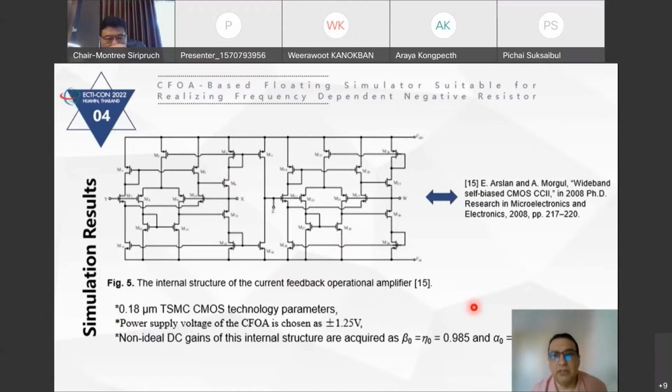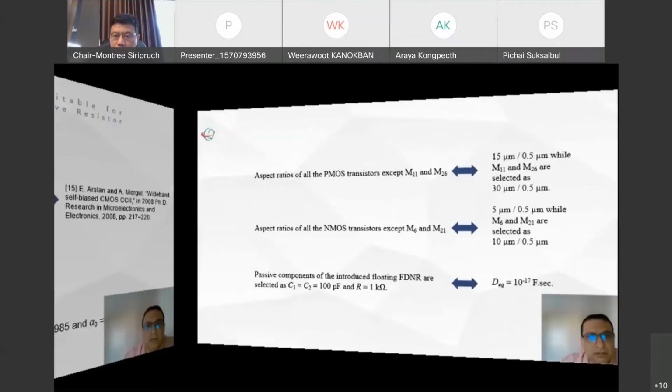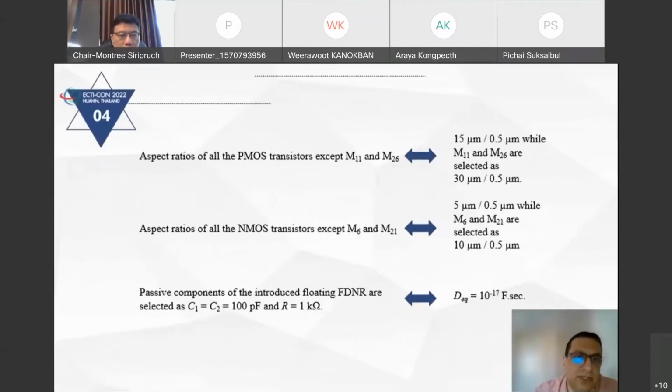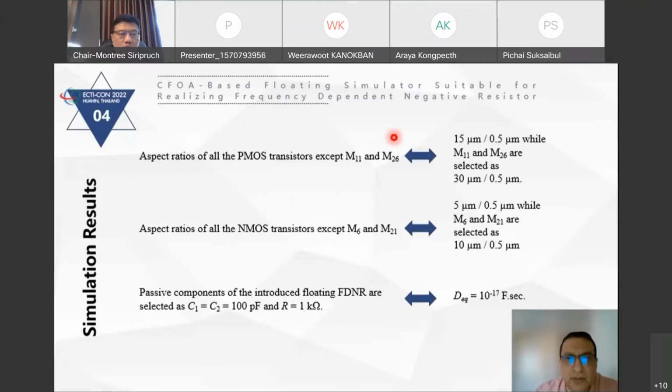The power supplies are equal to 1.25 and minus 1.25, and the non-ideal DC gains of this internal structure are obtained as given here. For example, beta 0 and eta 0 are equal to 0.985, and so on. The aspect ratios of the PMOS and NMOS transistors can also be found in the paper.